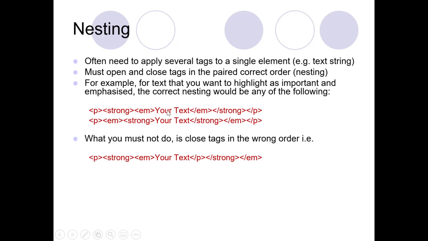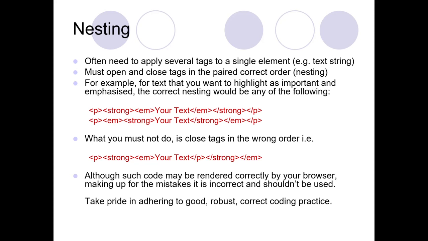That text would be a paragraph, strong, emphasized and italic as well. This one, on the other hand, on the bottom there, is not right. We started with a paragraph, but we ended with an em. The second one's strong and the end was strong, correct. But the bits in the middle are wrong. They don't follow the start and end in order, so it is not correct. So avoid that. It will give you an error message.